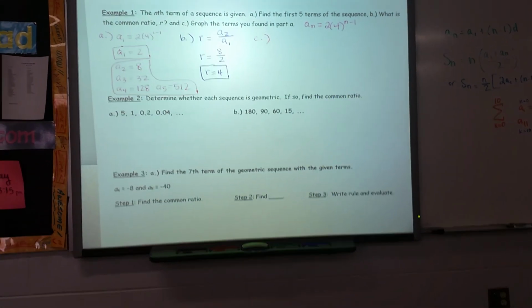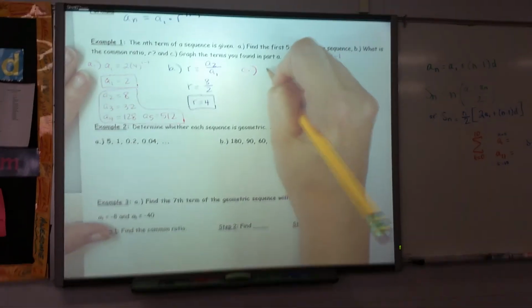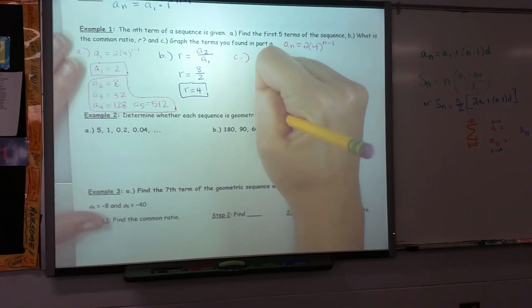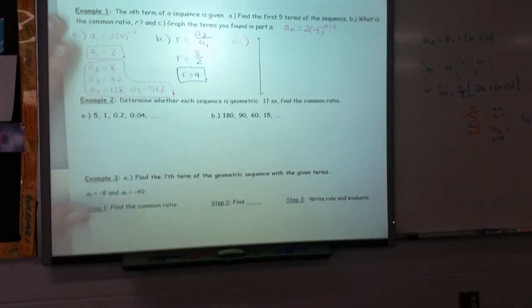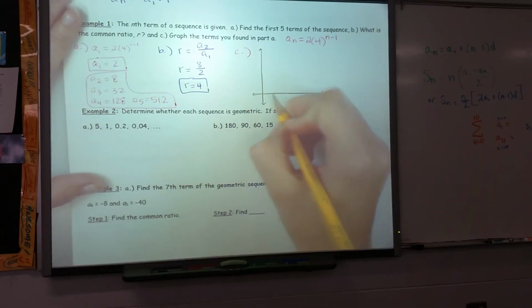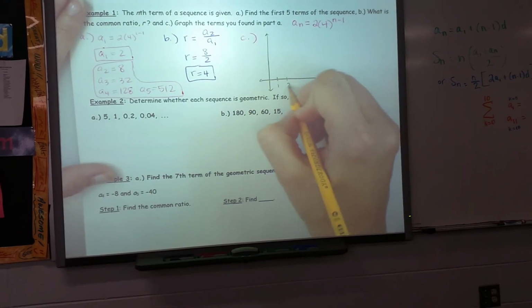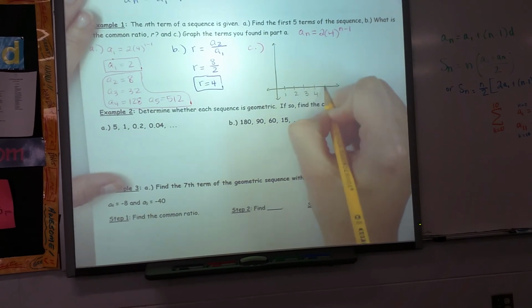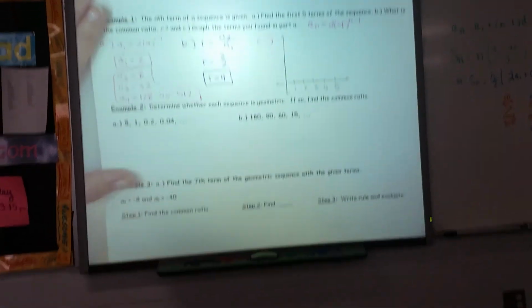Like we did with the arithmetic series, we are going to graph this series as well. Remember the term number is your x value, and the output is your y value.